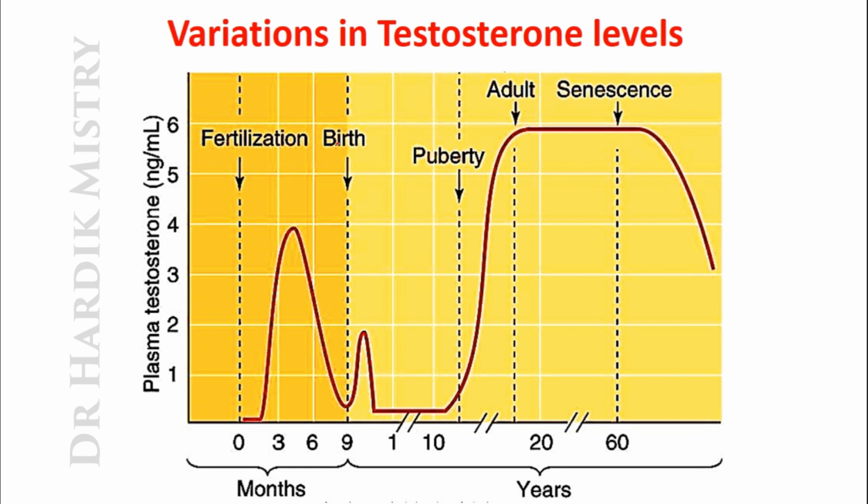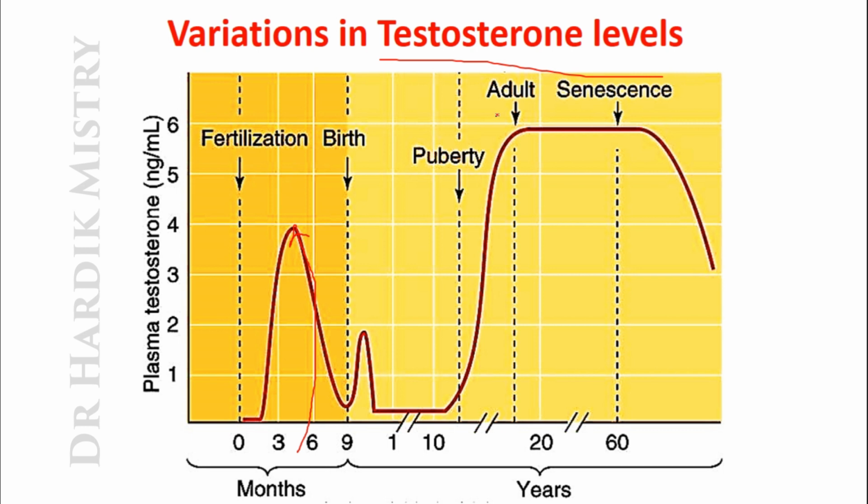Alright. Now which are the variations in the testosterone level? At 3 to 6 months of pregnancy, the level of testosterone is increased. After the birth, the level of testosterone is increased again. At the onset of puberty, there is an exponential increase in the level of testosterone.